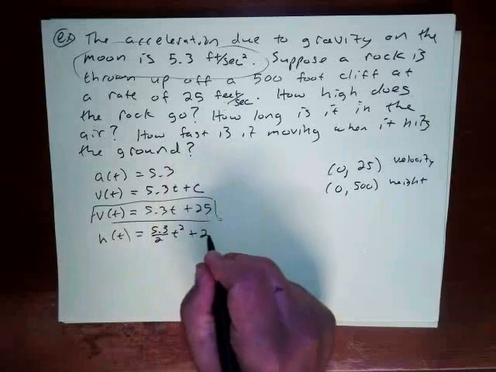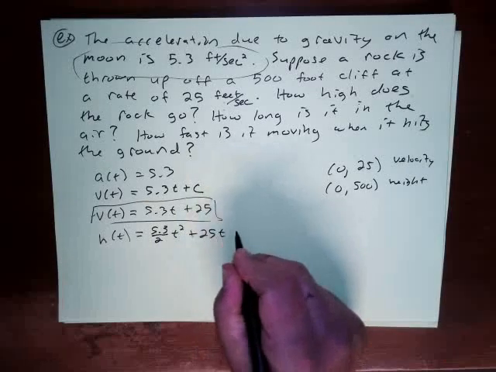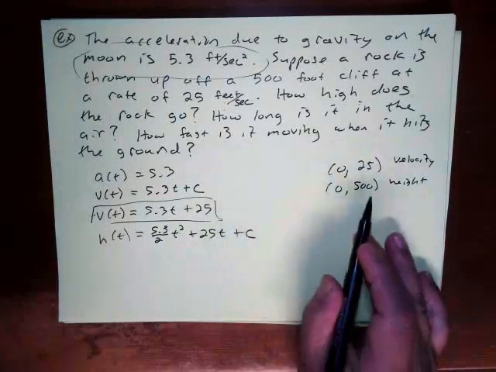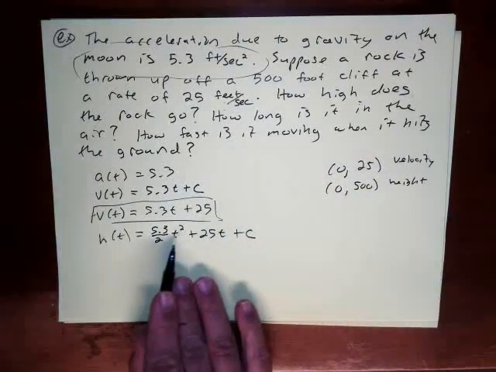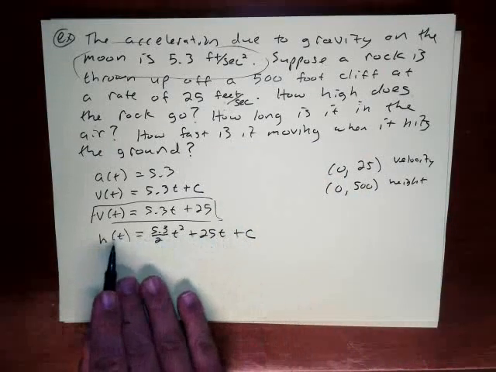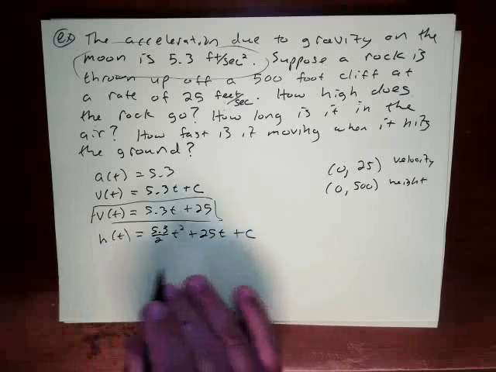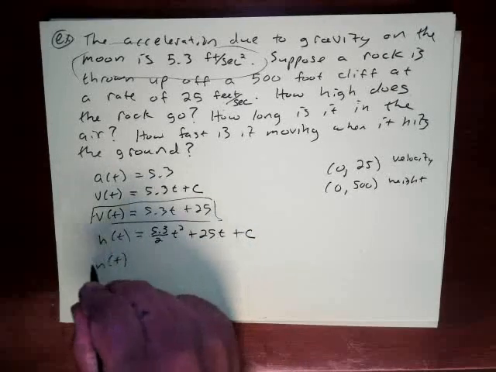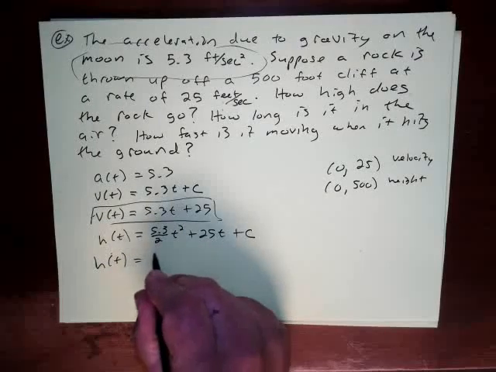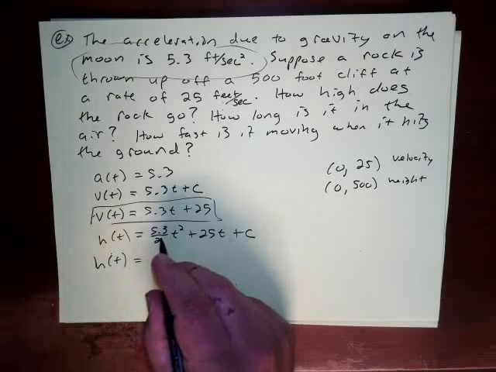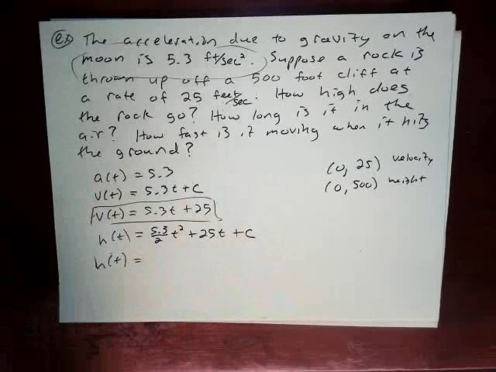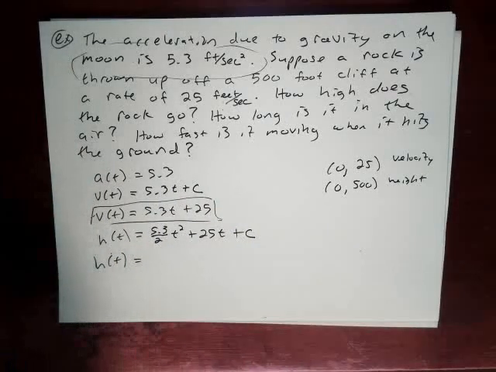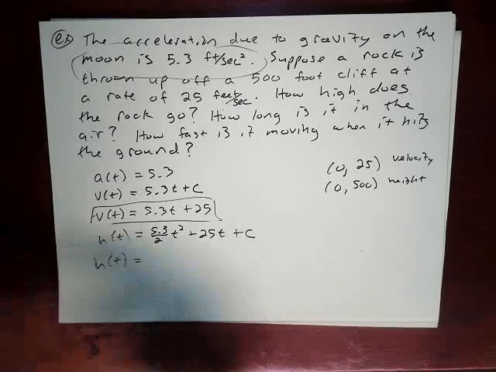This would be 25t, and then I'd have a plus c, but then we plug in this initial condition, put zeros in here, 500 for height, and we can see that the c would be 500, and now I can find h of t is equal to, 5.3 divided in half would be like 2.65.